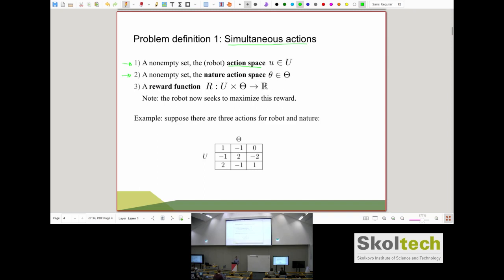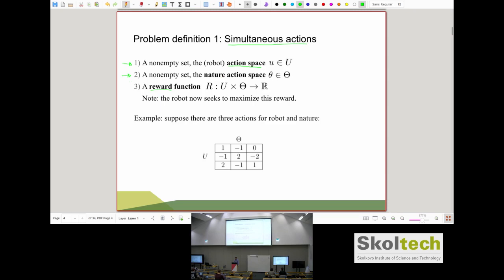But depending on the problem, it could be much more involved, and it could have deeper consequences. The other component that we need is a reward function, right? So what we have here is this pair of actions from the robot and from nature, and as a result we get a value. This could be good or this could be bad.